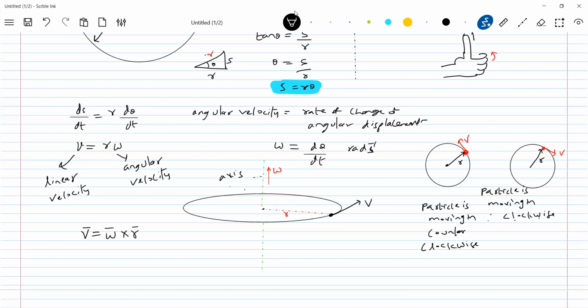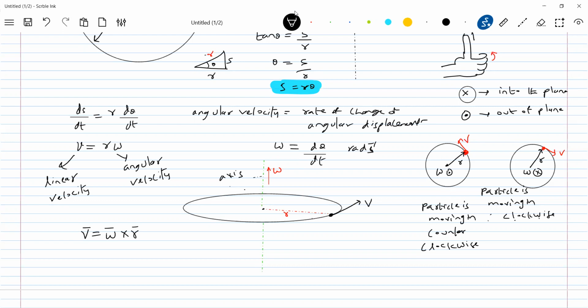What about omega? Omega will be out of the plane. Here I'll use these symbols, very helpful for us. This will be the direction into the plane. A circle with a dot like this is considered out of the plane. So what is the direction of omega here? Omega will be out of the plane. Here omega will be into the plane.